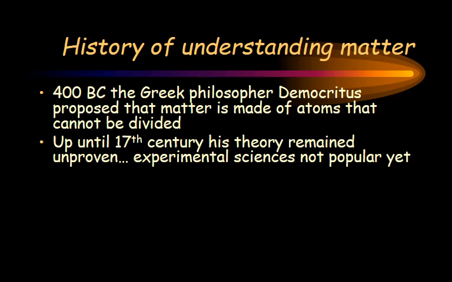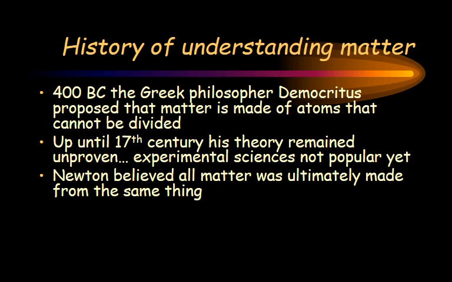And then really up until the 17th century, his theory remained unproven. Experimental sciences weren't popular yet in terms of looking at this. And Newton believed all matter was ultimately made of the same thing, that everything that we see on Earth ultimately had the same building block.